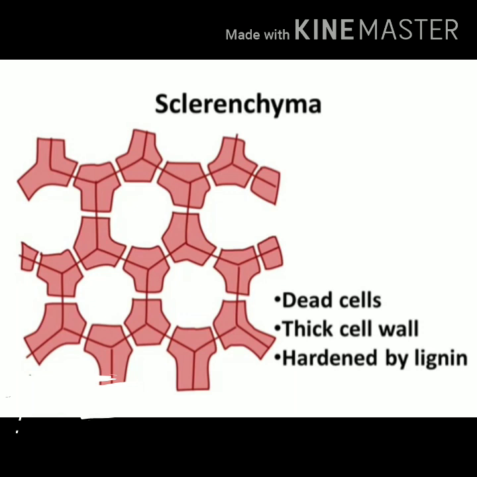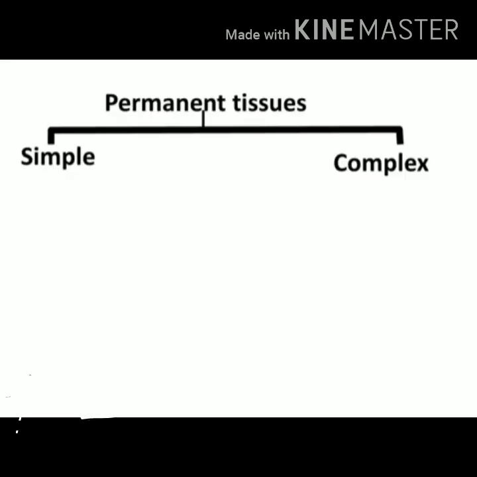So now we can know broadly that permanent tissues in the plants are of mainly two types: simple permanent tissues and complex permanent tissues.